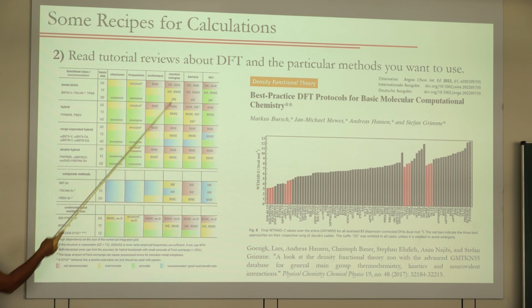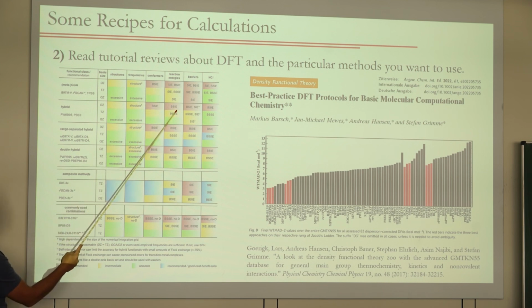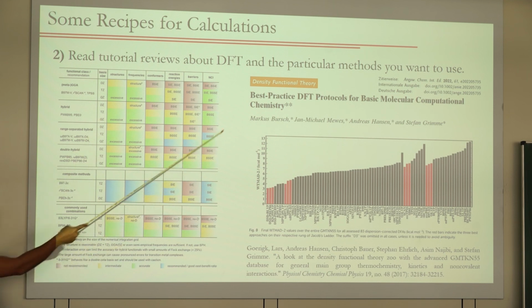Then it tells you different shortcomings of different methods. So this hybrid with double zeta basis sets will not work very well for reaction energies, will have errors. The green things are good, and the blue are the recommended ones, depending on the criterion of the authors. So there's Stefan Grimme there.